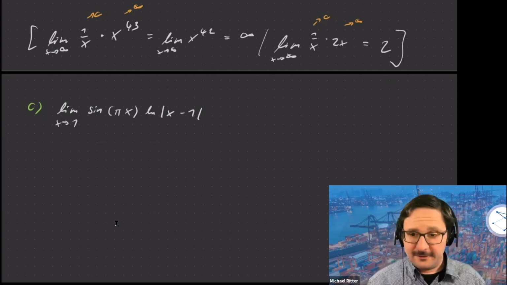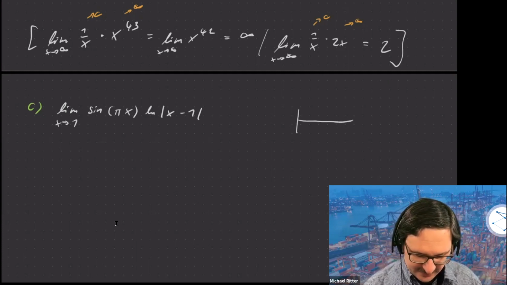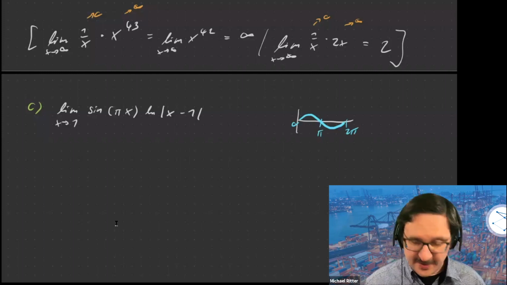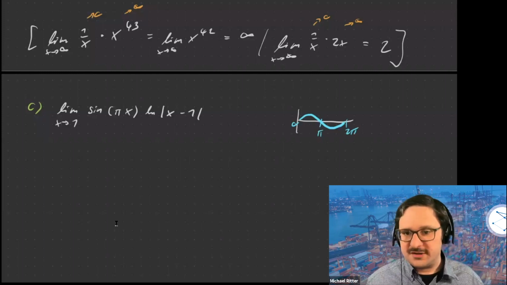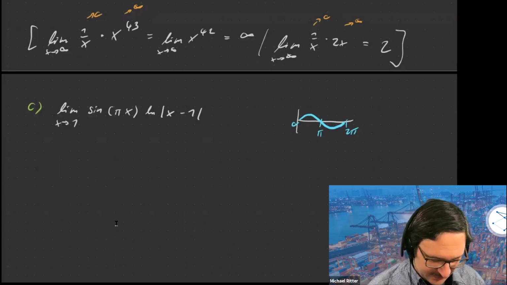So what we have here, the sine of pi x, basically make a quick sketch of how the sine looks like. Sine function that basically looks like this, and here's pi, here's 0, here's 2 pi. So the sine of pi x as x goes to 1 goes to the sine of pi, and that goes to 0. So that means this factor will go to 0.